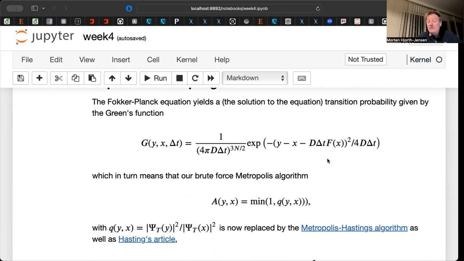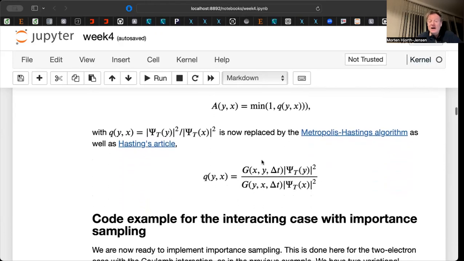And with that trial wave function, we can make, hopefully, a more guided jumping in configuration space, which in our case are the positions of the particles. So that means that we are going to define a probability of jumping from X to Y in a time step delta t.